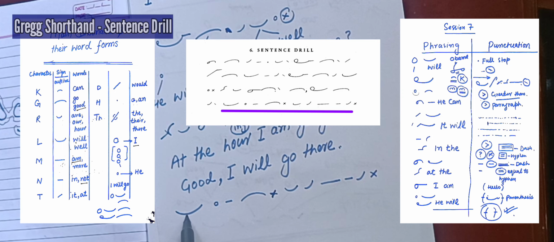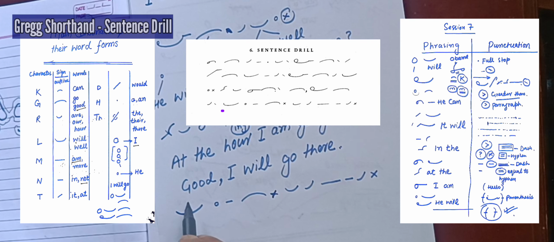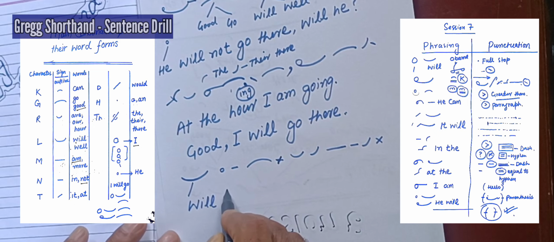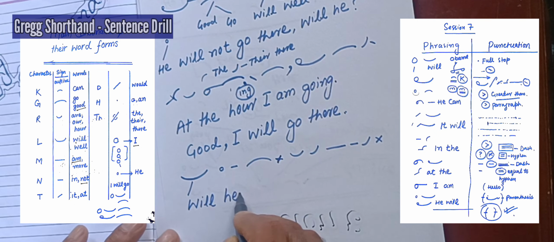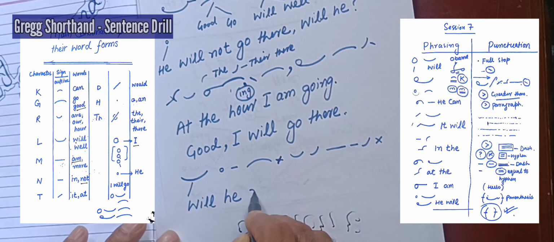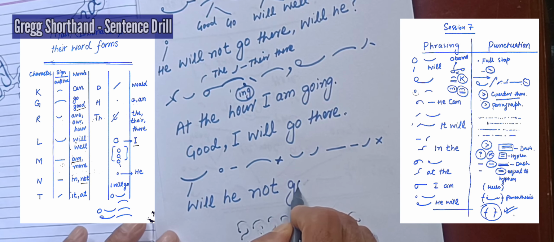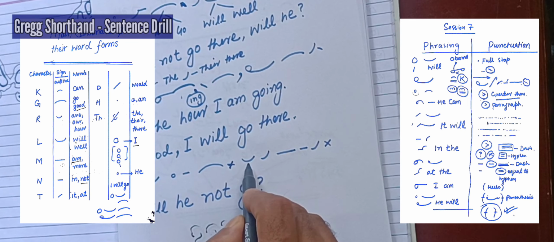So here this is either will or well. So this is more likely to start with will. Then what is this? This small o, this is he. Then we have in or not. Will he not? Then what is this? Go. Will he not go? Question mark. Okay, what is this thing?